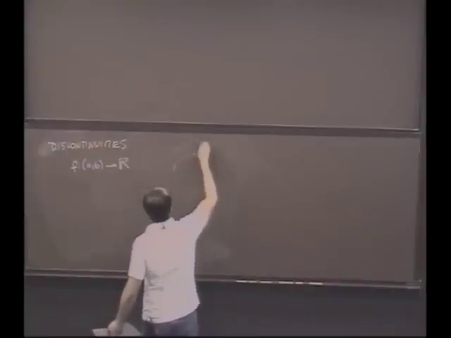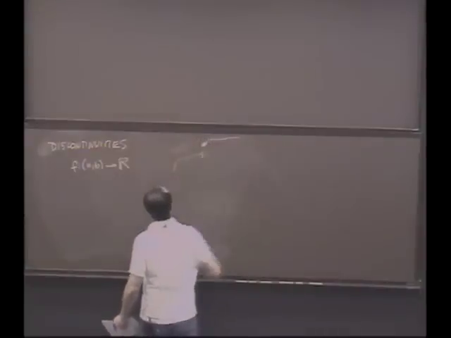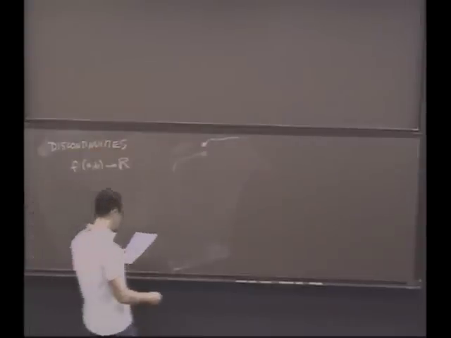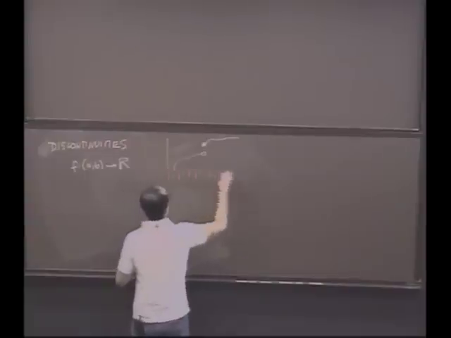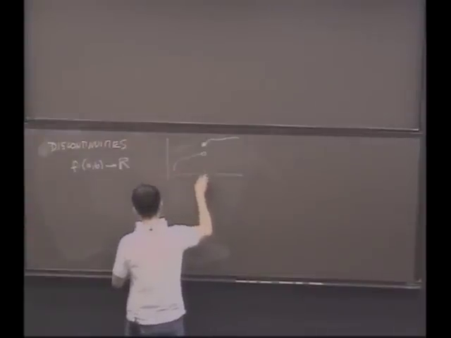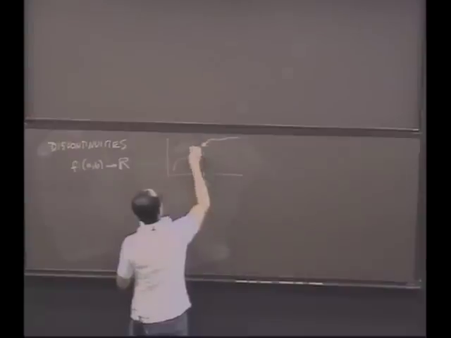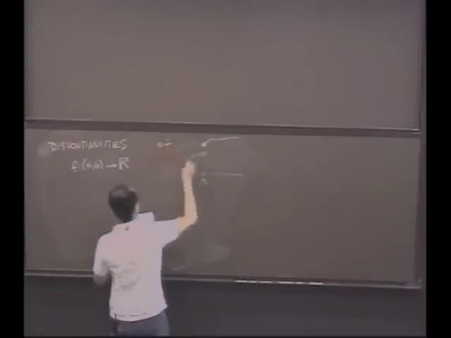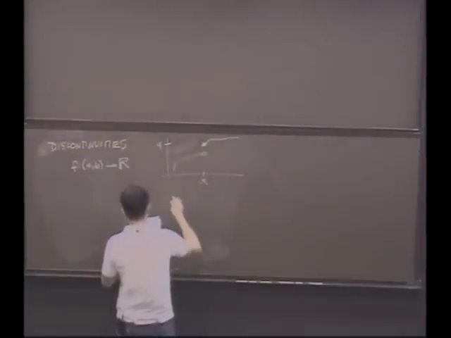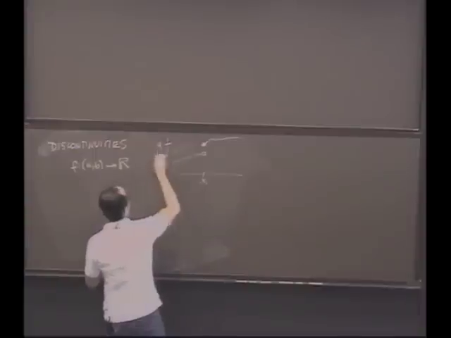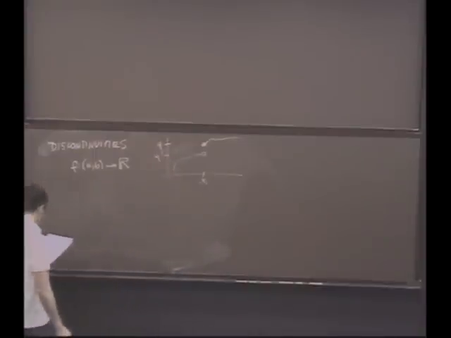You might have one that looks like this, sort of a jump discontinuity, right? It's a very simple kind of discontinuity at say some point x. And maybe the value here is q, and the value here is q prime.